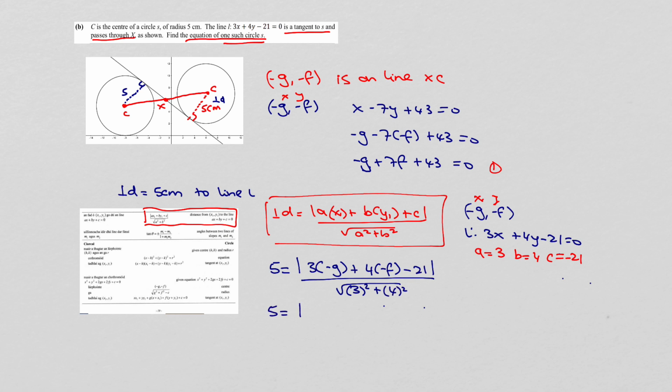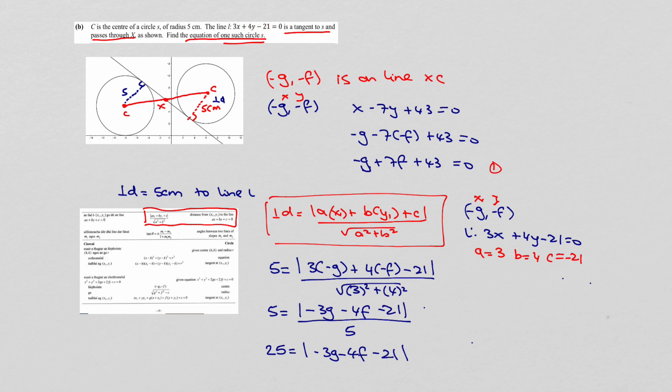So we have 5 is equal to -3g - 4f - 21. And the square root of 9 plus 16 is the square root of 25, which is of course 5. So therefore, if I multiply both sides by 5, I'll get 25 is equal to -3g - 4f - 21. So this is a modulus equation.